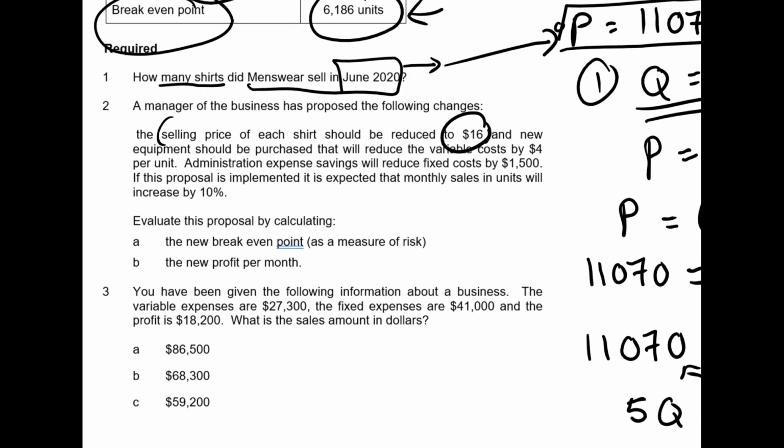A new equipment should be purchased that will reduce the variable cost by $4 per unit. Highlight the word by. So your variable cost will reduce by $4.